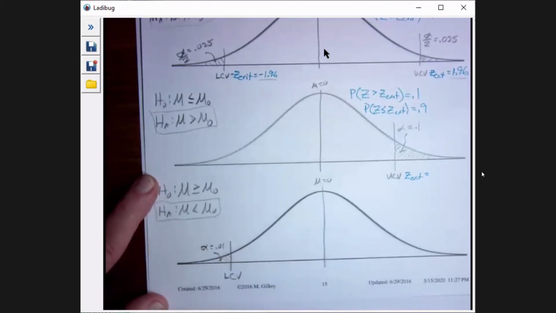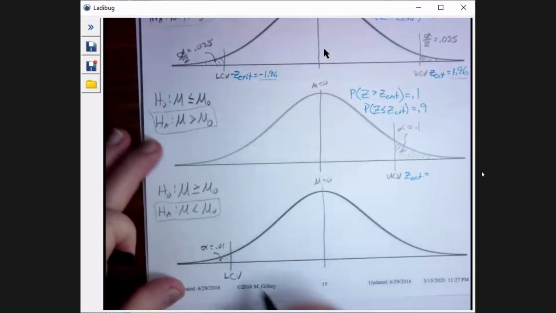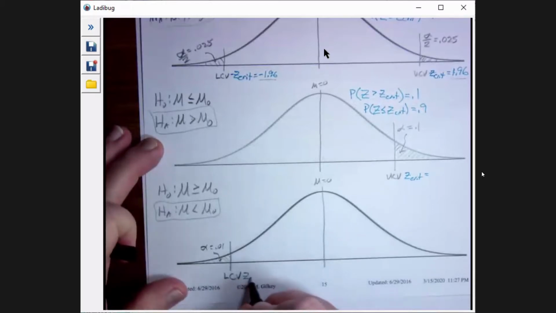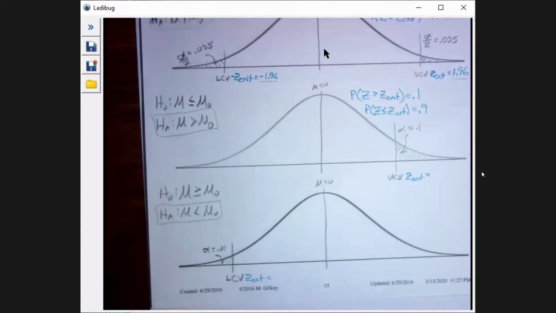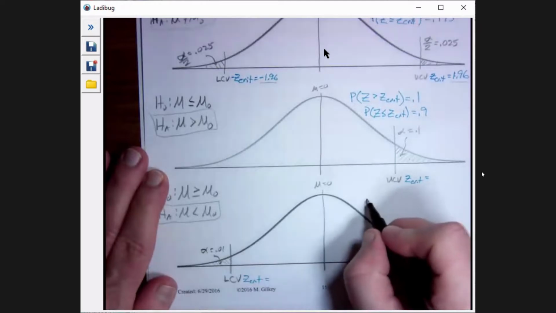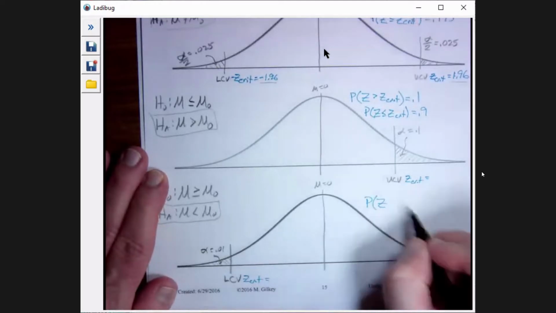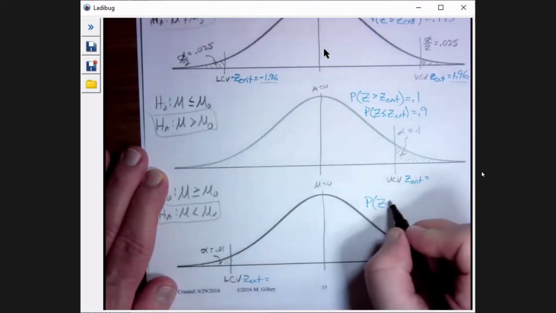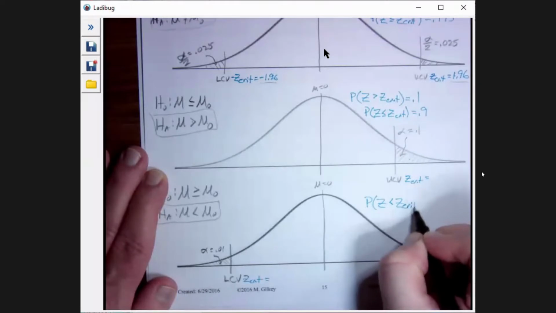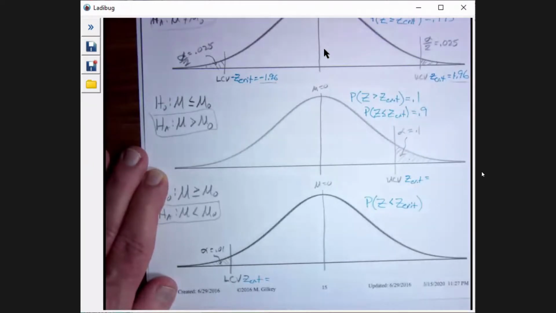And again, I'm going to want to compute a critical value here. Just like we've seen before, I'm looking at the probability that I get a z value, but now I'm looking the other way, less than my critical value, is equal to 0.01.